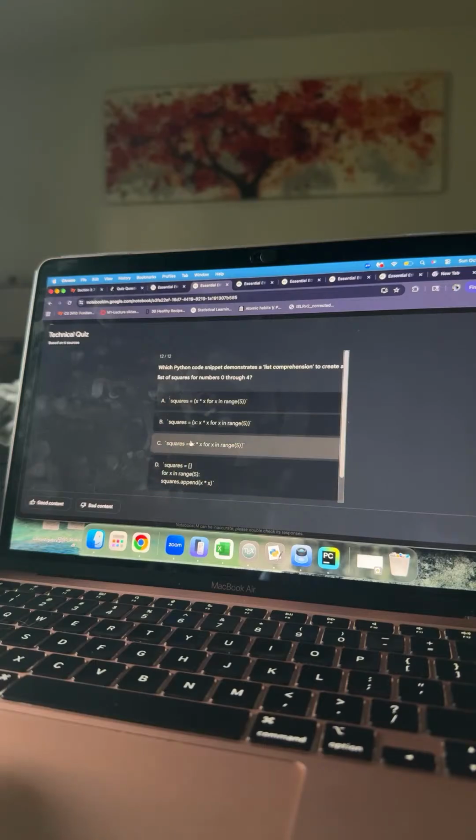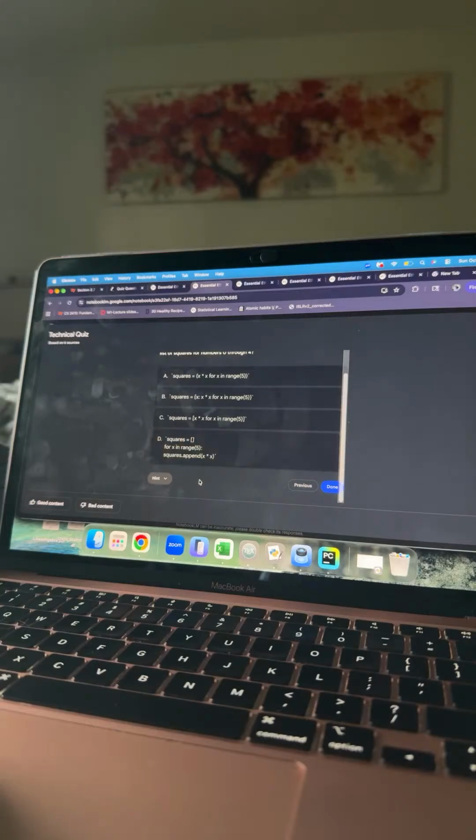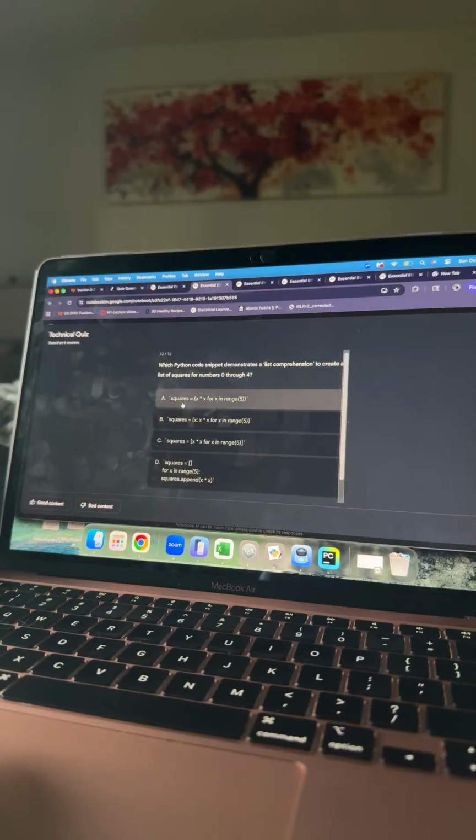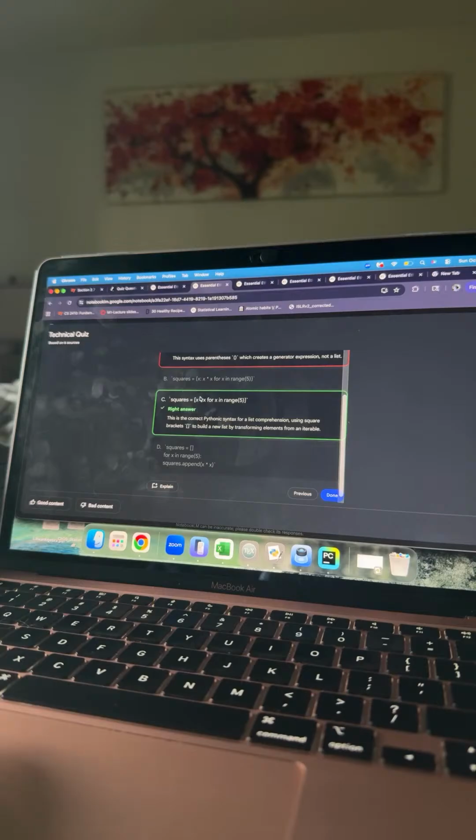No, no. It has to be parentheses. But I like brackets. It's not about what I like, though. Squares. Maybe it's A. Nope, it was C. I like brackets for a reason, okay? So this is the correct Pythonic syntax for list comprehension using square brackets to build a new list by transforming elements from an iterable.